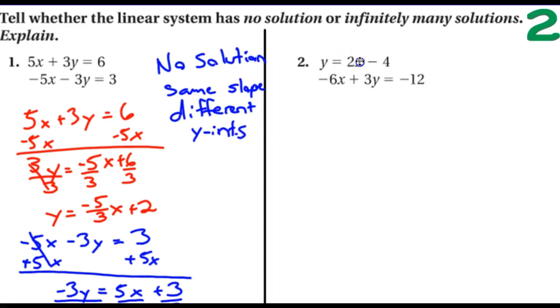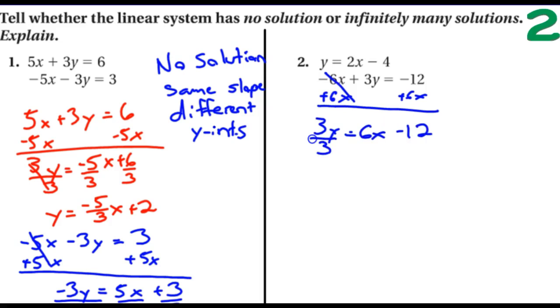Here we know that y equals 2x minus 4. This one we can add 6x, to get 3y equals 6x minus 12. If we divide by 3, y equals 2x minus 4.